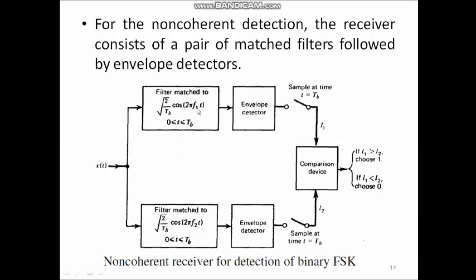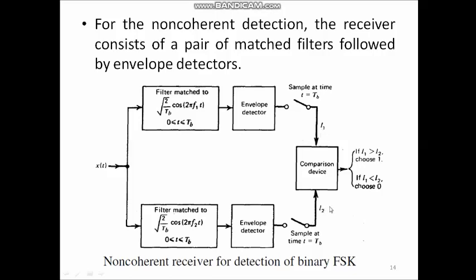The resulting envelope of the outputs of filter 1 and filter 2 is applied to the envelope detector, and the envelope detector output is sampled at t equal to Tb, where Tb is the bit duration. Therefore, the sample time is Tb here. The sampled values in the upper path and lower path are represented as L1 and L2.